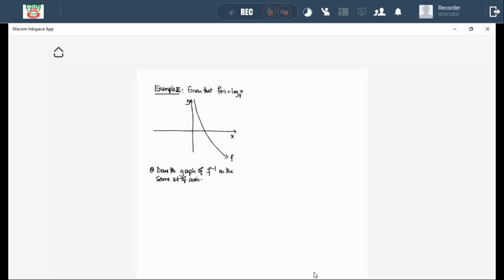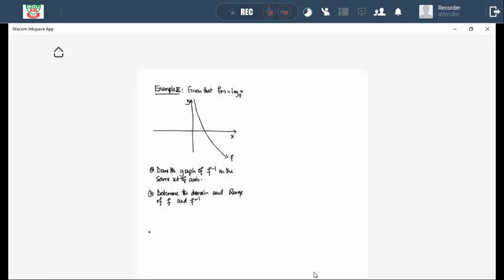B, determine the domain and range of f and f inverse.